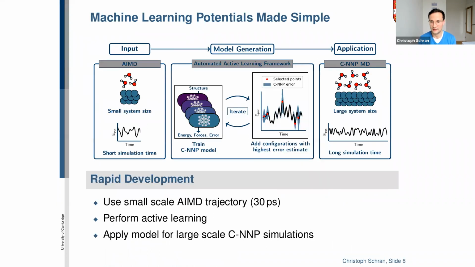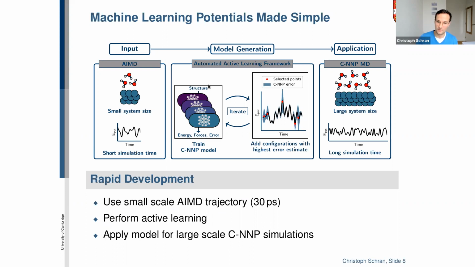And what does the machine learning framework that we came up with look like? It mainly concentrates on just a single ab initio trajectory as an input, which can be relatively small scale and short, like 30 picoseconds, and small in that respect means it must still have all the environments that are necessary for the system you're interested in. Can't make it too small.